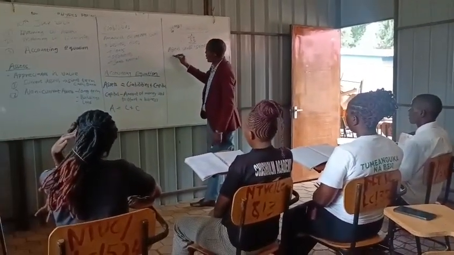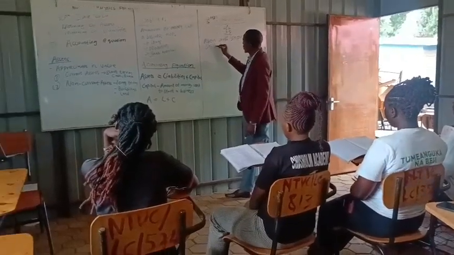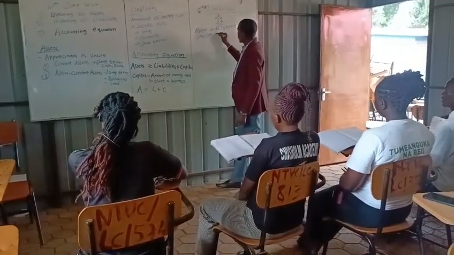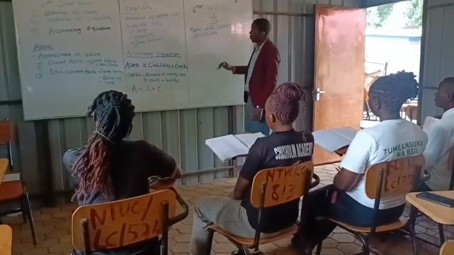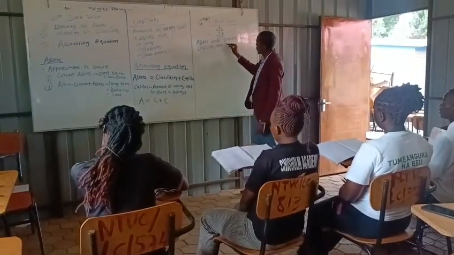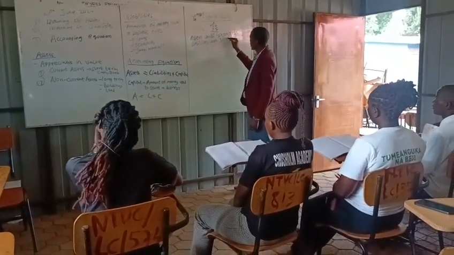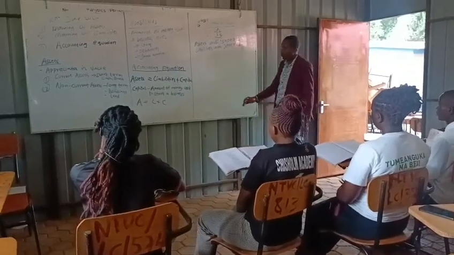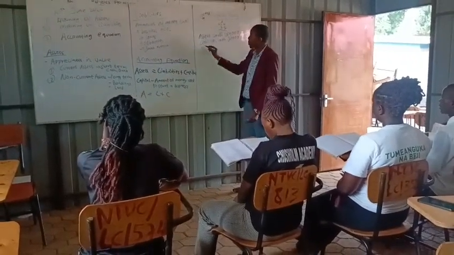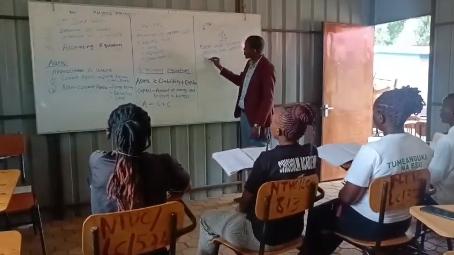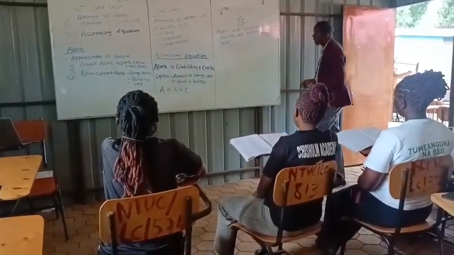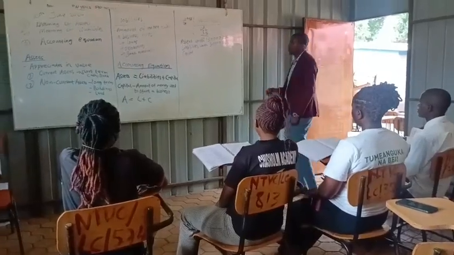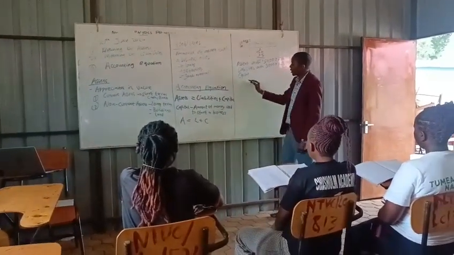These liabilities are worth how much? 30,000 Kenyan shillings. So, what was his capital? What was his capital?